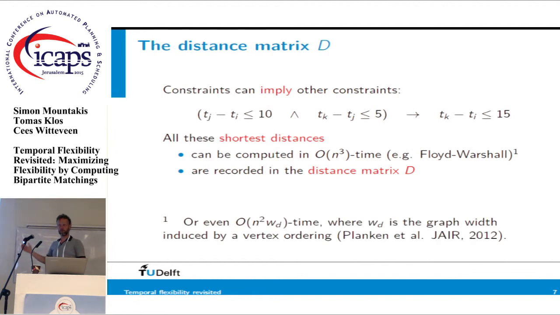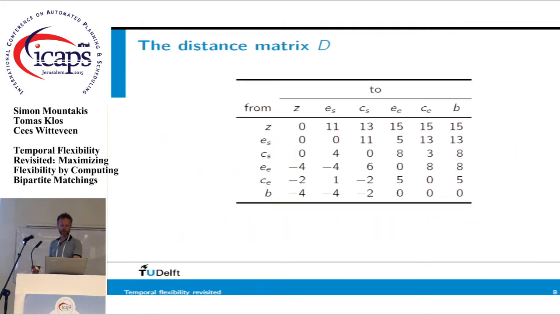Actually, the PhD student I mentioned improved this algorithm in a paper and in his PhD thesis. The distance matrix gives the tightest bounds on the differences between all pairs of variables. On the diagonal, of course, all the values are 0.